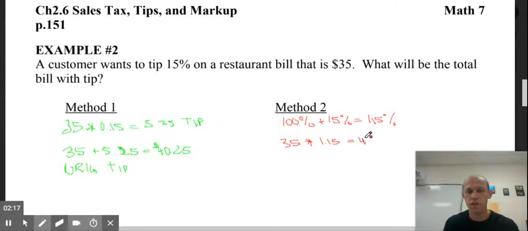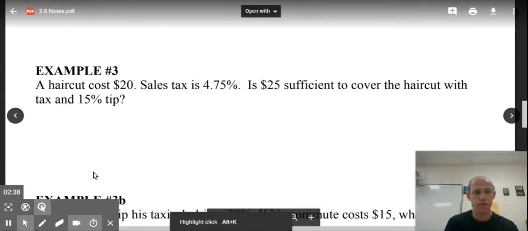And that will give you $40.25. I would check both these methods to make sure that you see these two answers as the same number, because they should work out to be the same. Otherwise, something's going wrong. So make sure you're checking those.